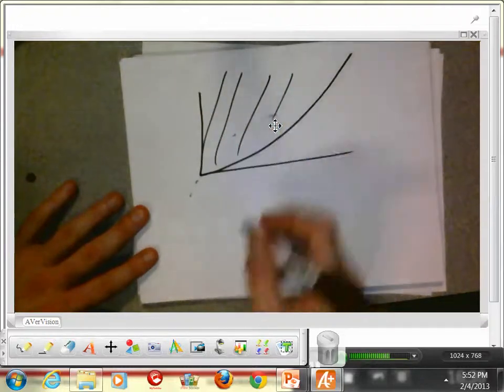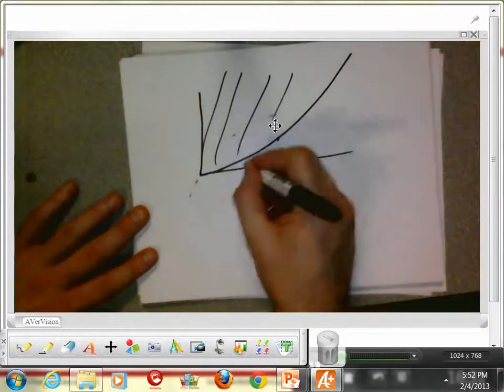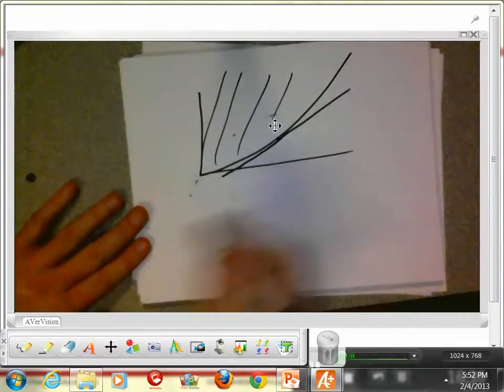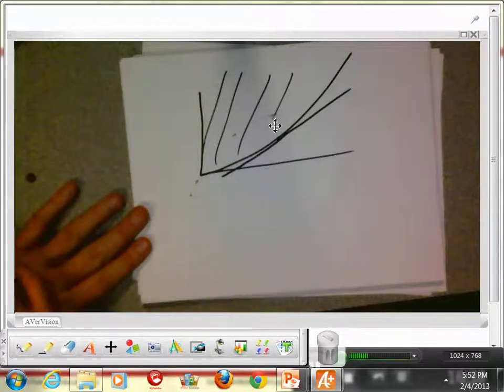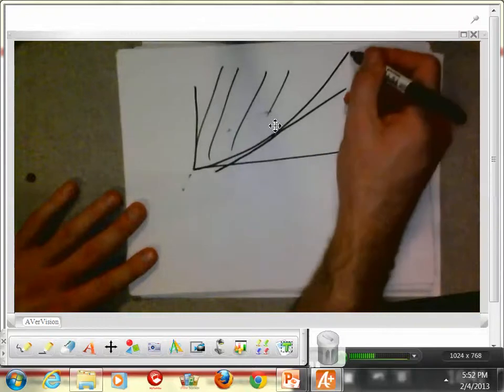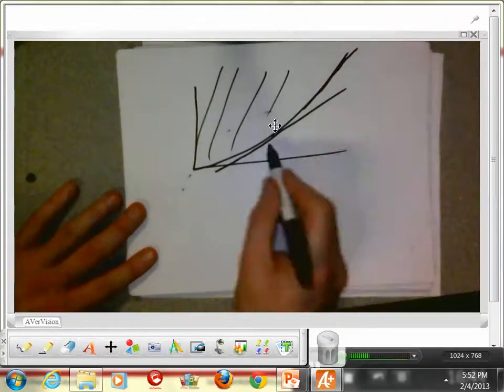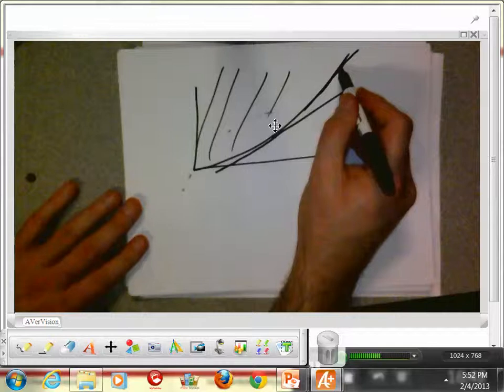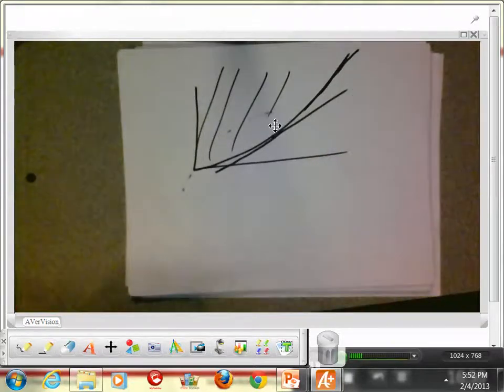You can also look at the tangent line at a point, and you can say the tangent line lies beneath the curve at that point. You could also look at the steepness of the tangent. The tangent lines are getting more steep. If the tangent lines are getting more steep, that means the derivative is going up, which means the second derivative is positive. Okay? So just some things to think about.